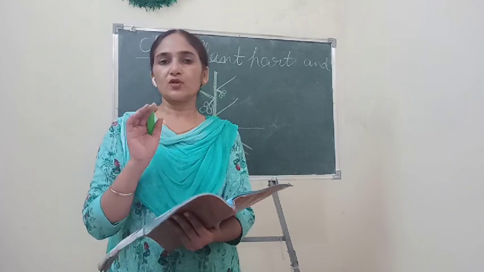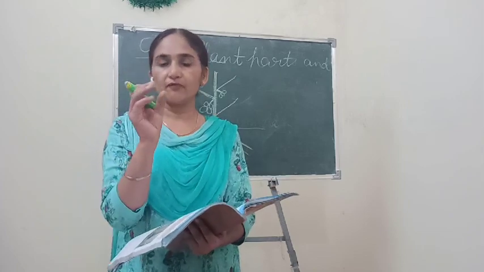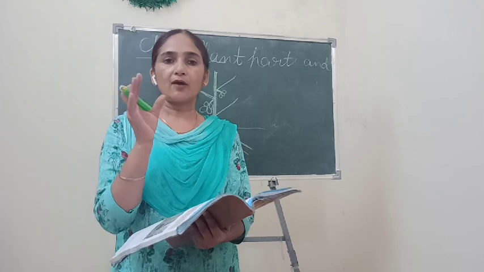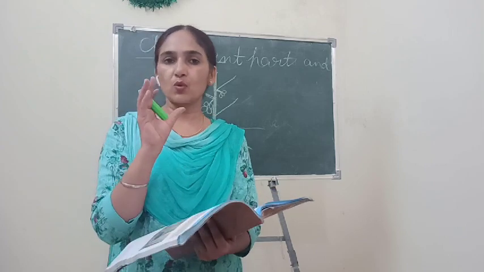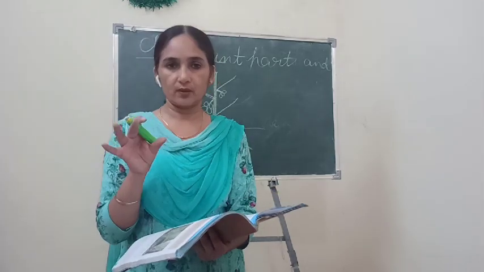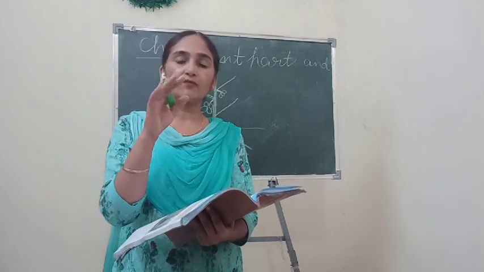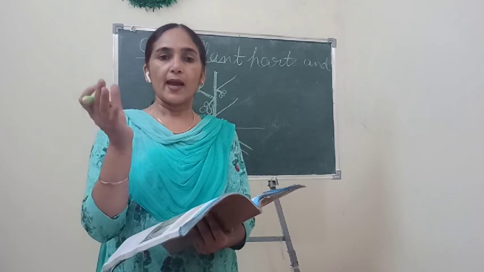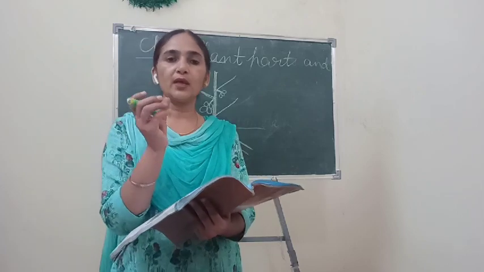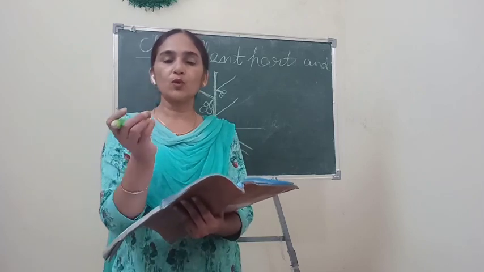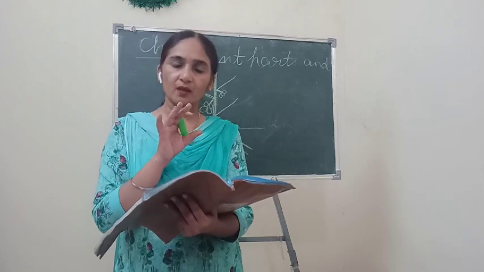As you know, children, that from the bud, when flower blooms, after the flower matures, it will turn into a fruit. Understand? From the flower, fruit will be formed. And when fruit is formed, inside the fruit, seeds are there. Okay?